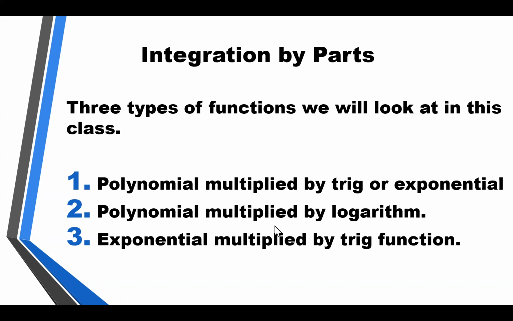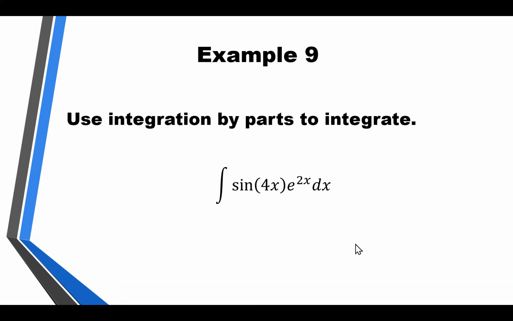What if we have a combination of trig function and exponential? We won't do a combination of trig function and logarithm here, or exponential and logarithm. But what if we have an exponential times a trig? Something like this. Now, this is another technique of integration by parts.